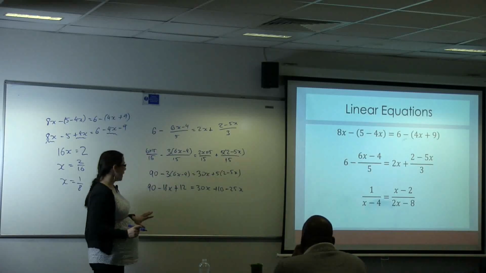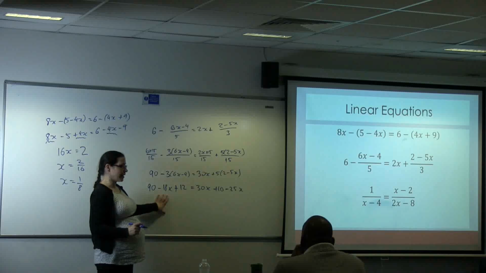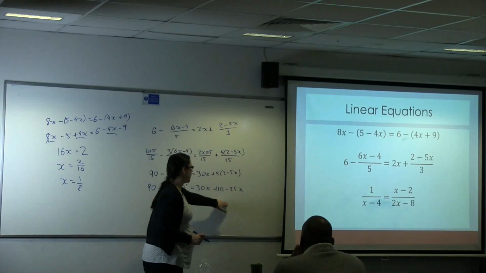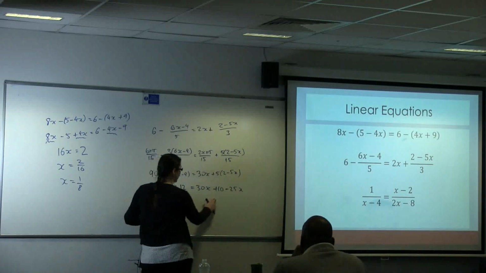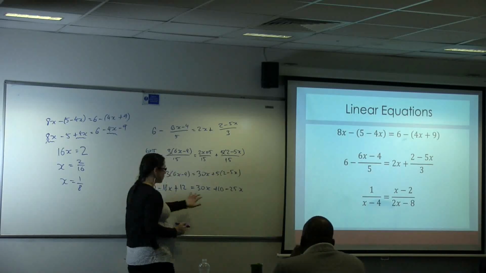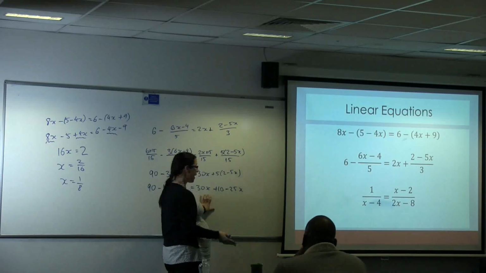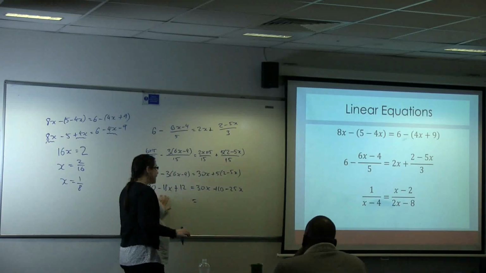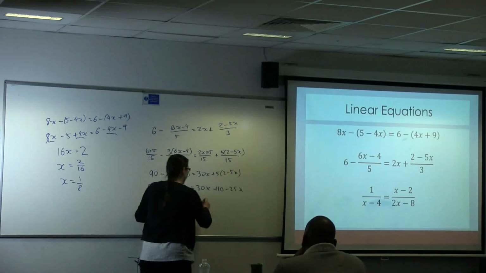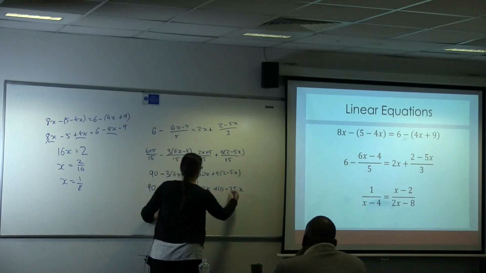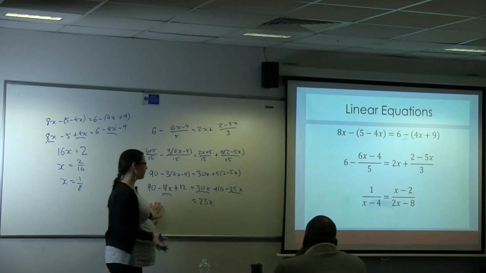So what I see is that there is only a negative x in here, while there are positive and negative x's here, so I'm going to bring the x over to this side. The 30x and the minus 25x gives me 5x. 18x plus 5x makes 23x. Sorry, I've got all the x's now on one side.